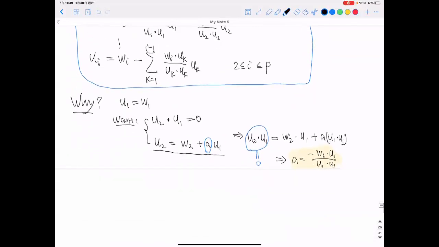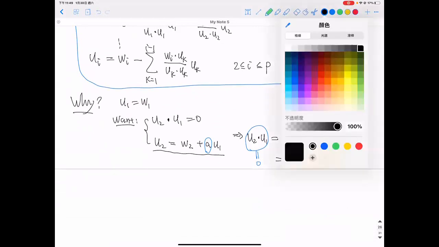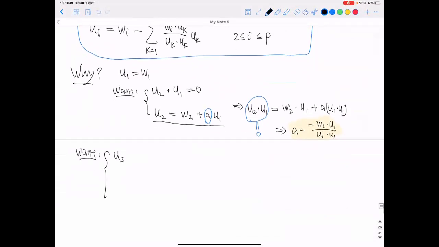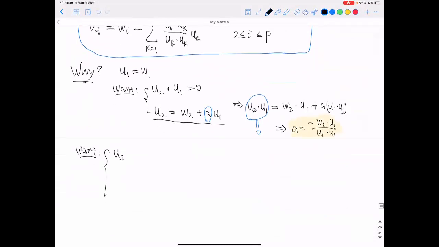Now what do we want next? Now let's consider the next vector, U3. I want to build U3, right? What conditions do I need? I want it to be orthogonal to U1 and U2.